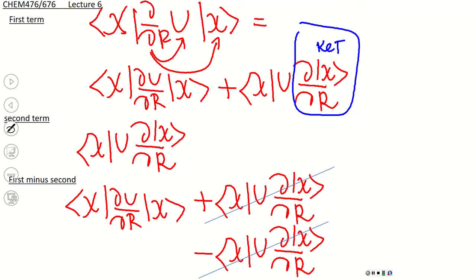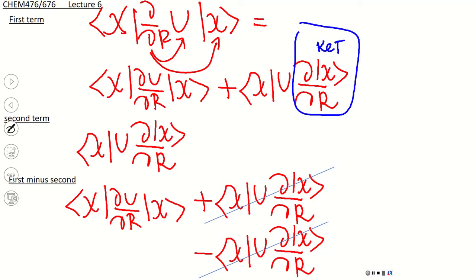So, the derivative is in front of the potential energy. But by the rule of the derivative of a product, it will apply both to the potential and to the wave function. So you see these two arrows. So it will be the derivative of the potential and the derivative of the wave function.